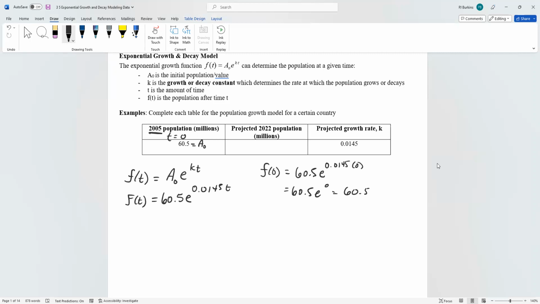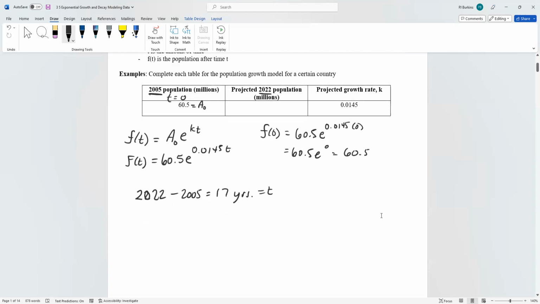That means, however, that if I want to figure out 2022, I need to know how far that is in time. I don't just plug in 2022. So instead, I need to subtract the two. So let's see, we need 5 to get to 2010, then another 12 to get to 22. So it looks like 17 years. So that is our t.